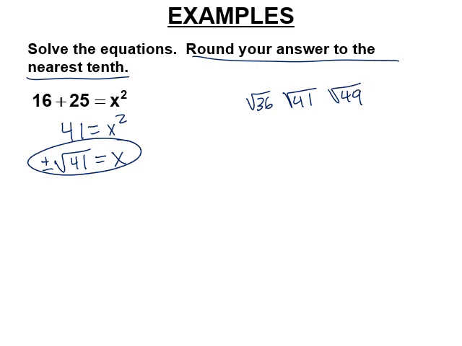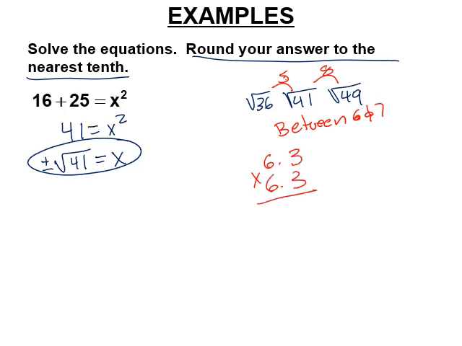So it's between 6 and 7. Slightly closer to 6 than it is to 7, right? So really the good guesses are 6.3 and 6.4.